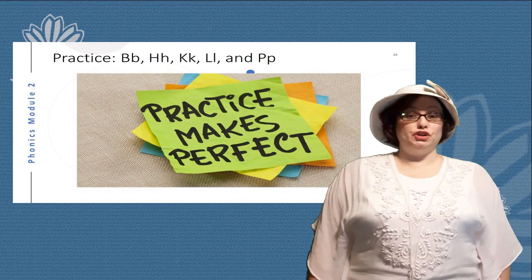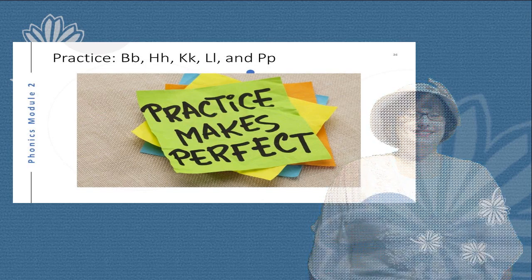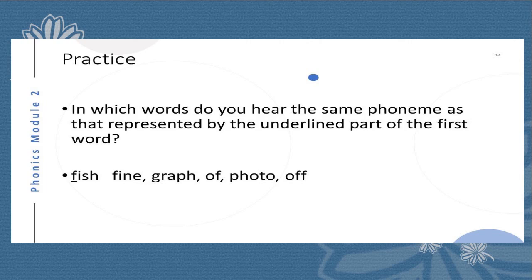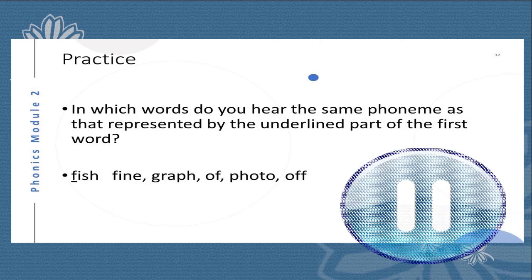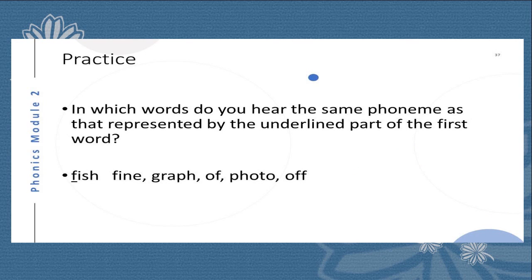Test yourself. Do you know the answers to the following questions? In which words do you hear the same phoneme as that represented by the underlined part of the first word? There are 4 correct answers.